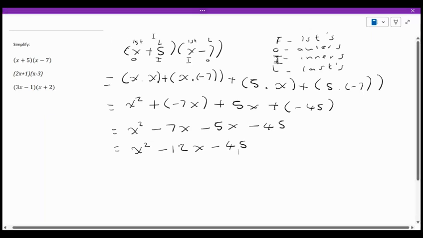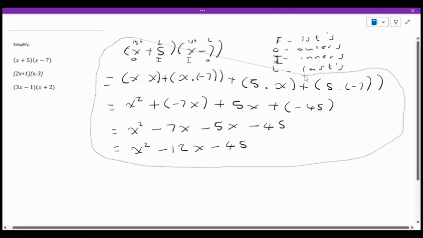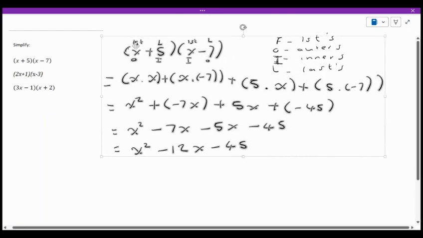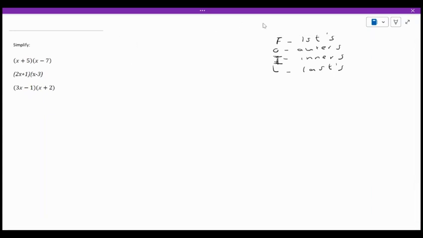Let's go ahead and look at a second example. We are given 2x plus 1, x minus 3. What do we do first? We mark our firsts.